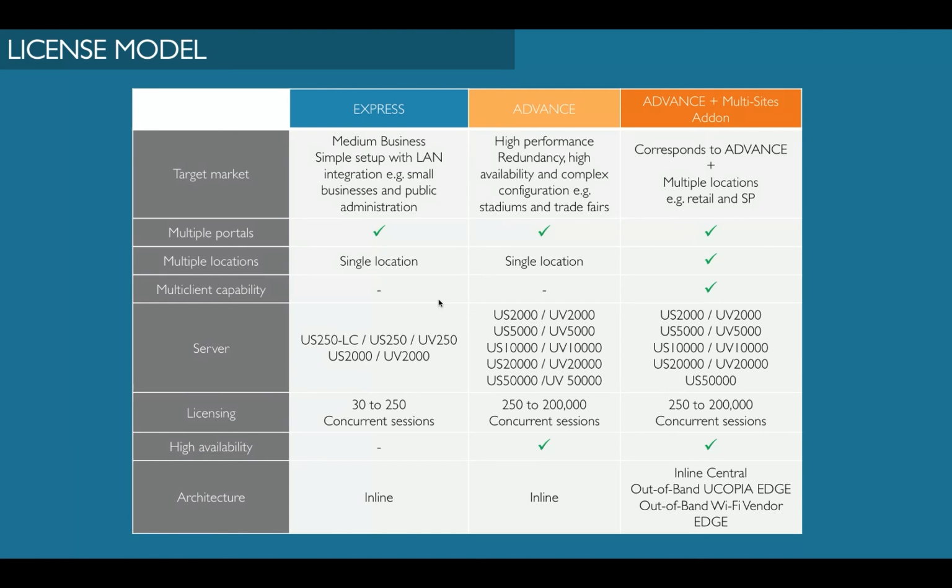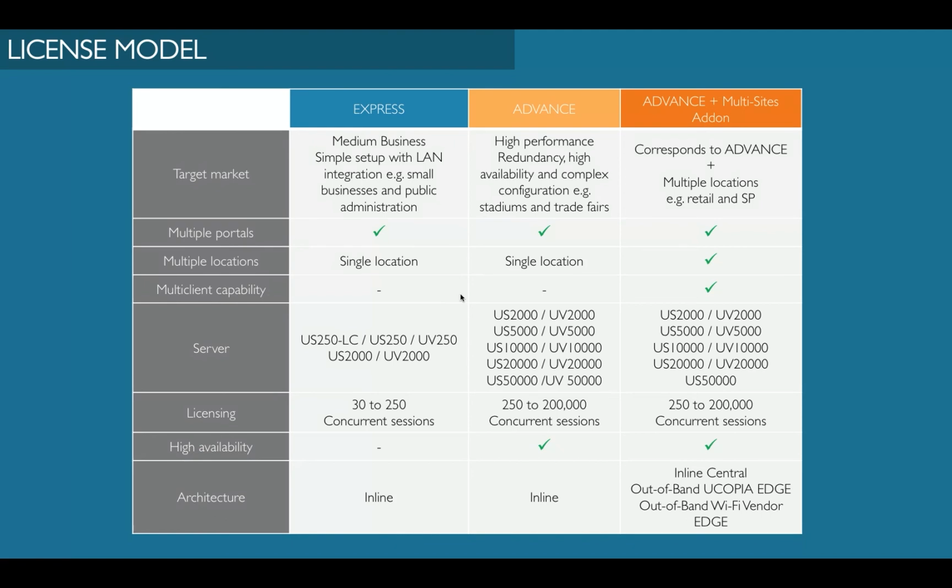The main licenses are Express and Advanced, and as you see, the only difference is that with Advanced you can handle many more users. It means if you are above 250 users, you have to change to the Advanced. Up to 200,000 concurrent sessions are possible here. And different features are included in Advanced. Just to give you a slight overview, if you need high availability, it's all included in Advanced.